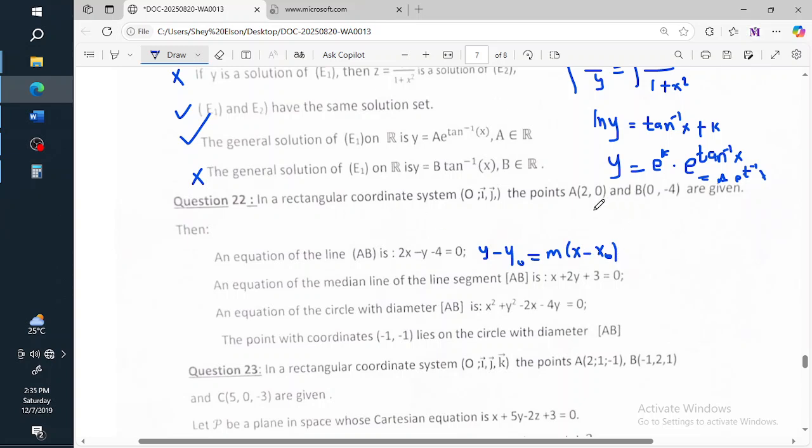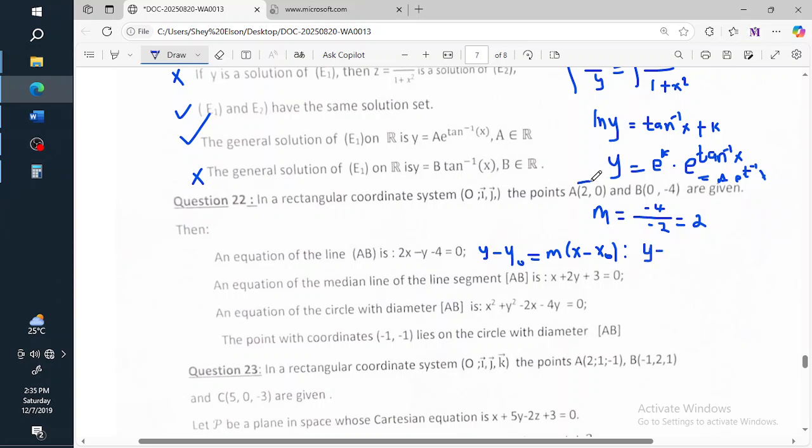So let us find our gradient. Our gradient is change in y over change in x. So I have minus 4 minus 0 over 0 minus 2 minus 2. So what is our gradient equal to? Our gradient is 2.